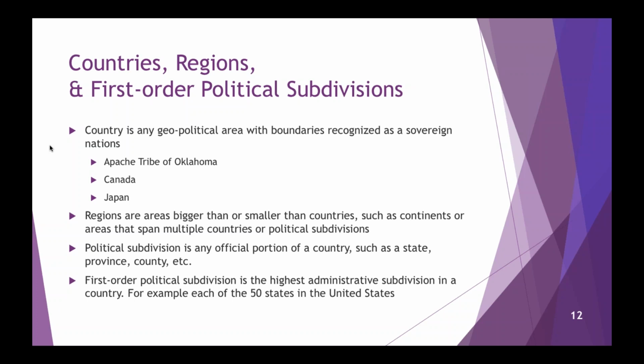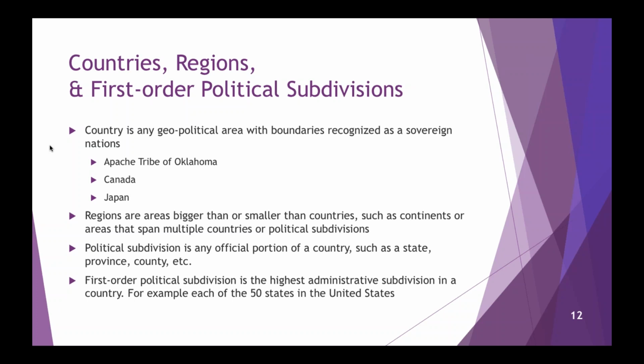And then each country is something that can be divided into what we call political subdivisions. So if we take the United States as a country, the political subdivisions in this country are the states and the counties and then the cities, right? So, or townships and then cities.